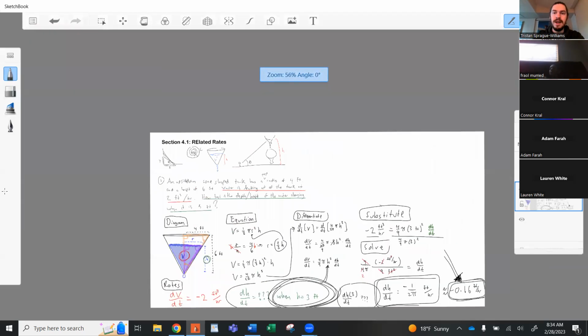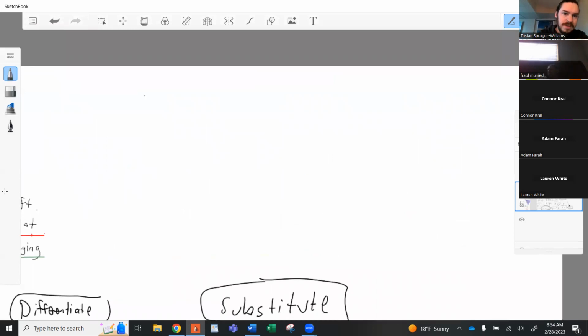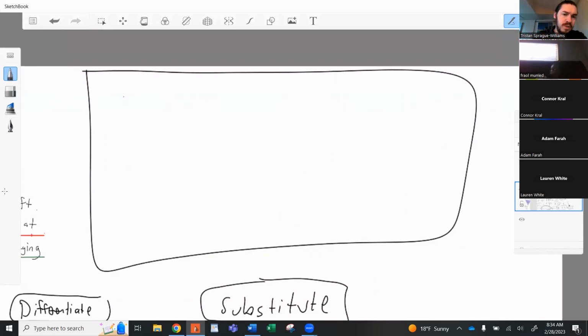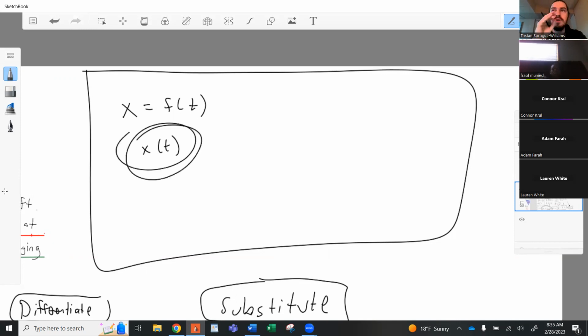Sometimes in other situations when x is a variable, if x equals f of t, you might see x of t, where you're using the variable's name, x, like a function name, because x is a function of t. This is just a shortcut to notate that without having to introduce another letter to represent that function. You use the variable as the function.